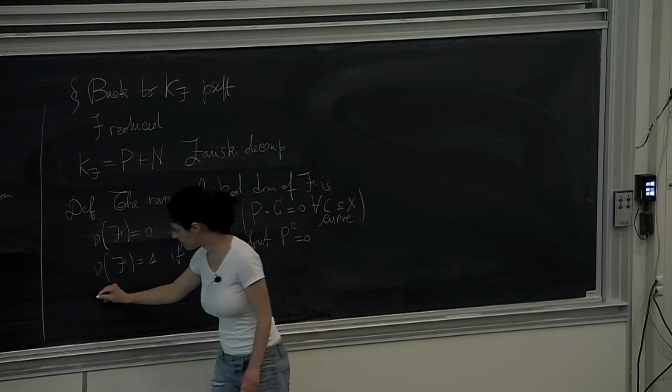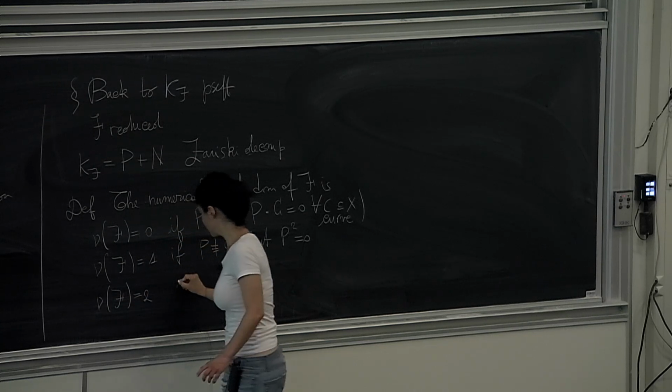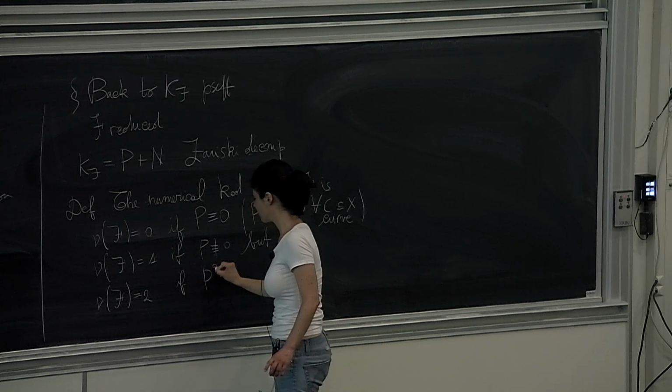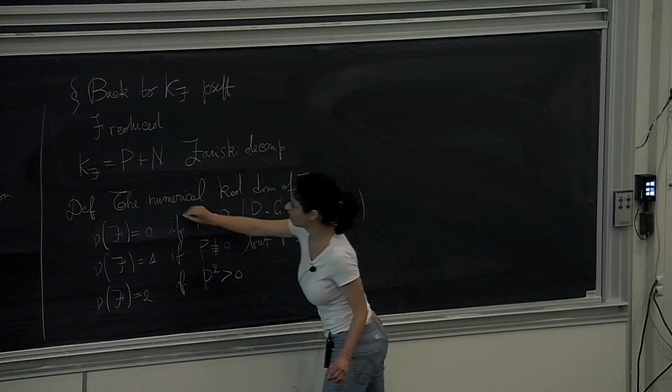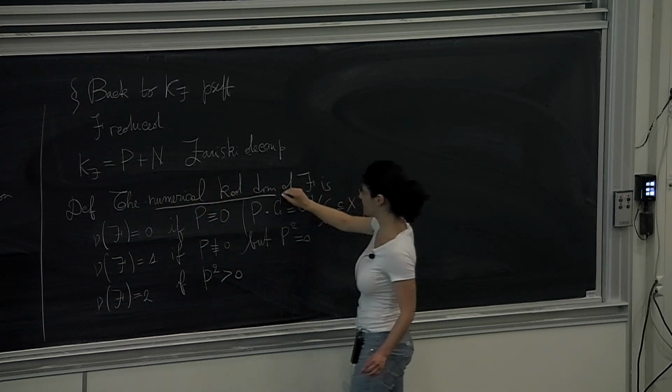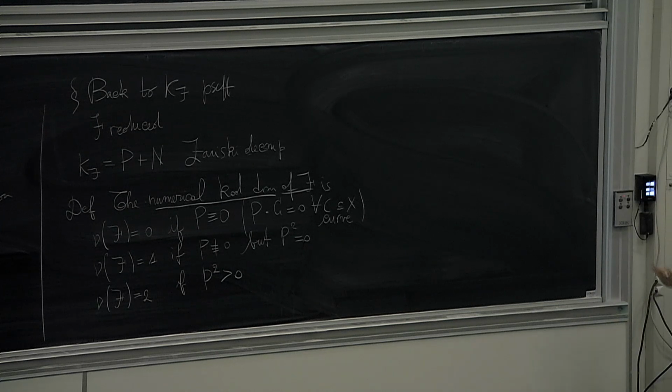And we say that it is 2 if P squared is positive. So those are the only 3 possibilities which can happen.